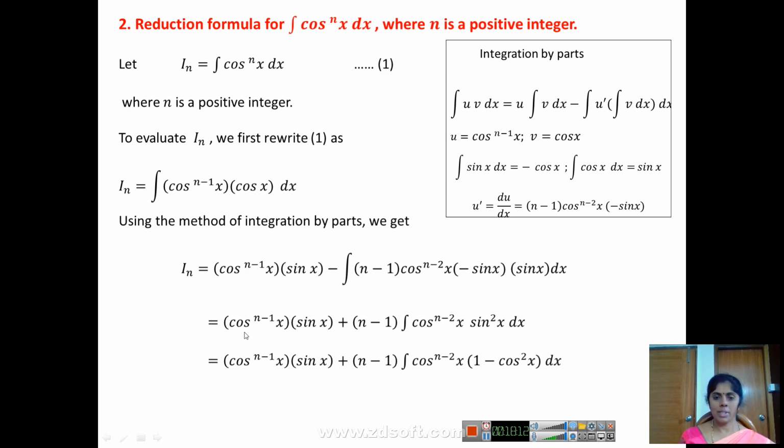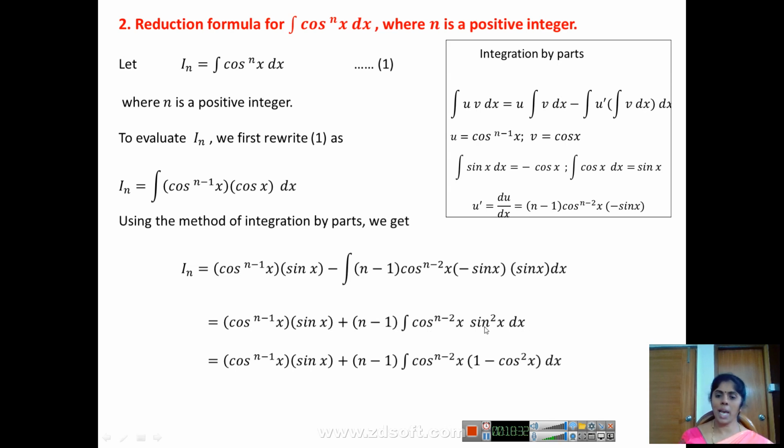Minus into minus becomes plus, and n minus 1 is a constant we can take outside of the integral. So then the integral of cos to the power n minus 2 of x into sine square of x dx.